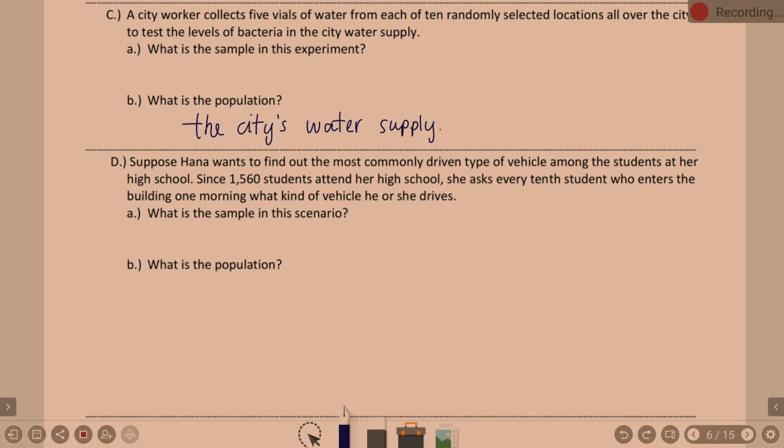So if the population is the city's entire water supply, the sample is the vials of water, okay, the vials of water collected.